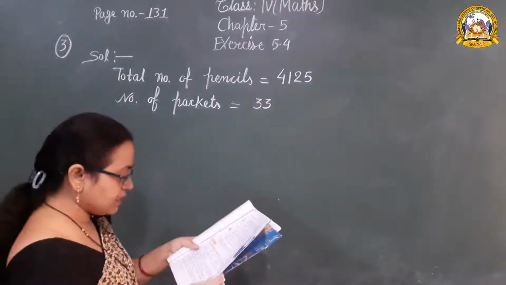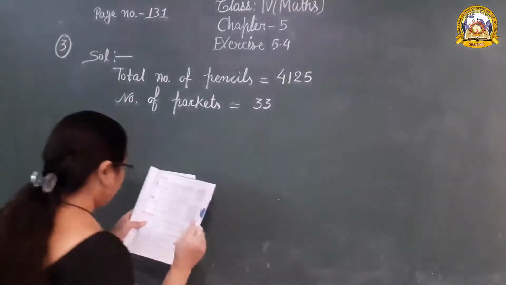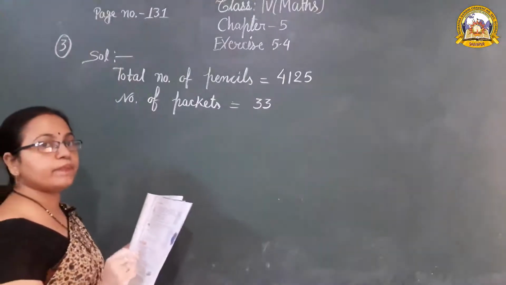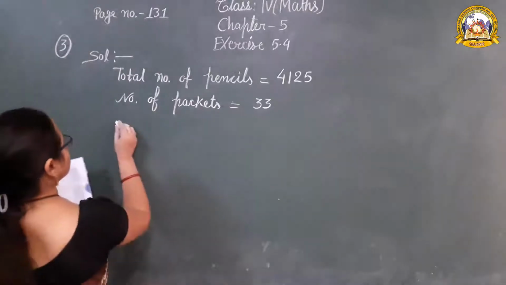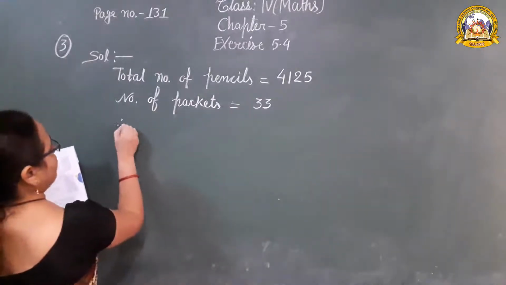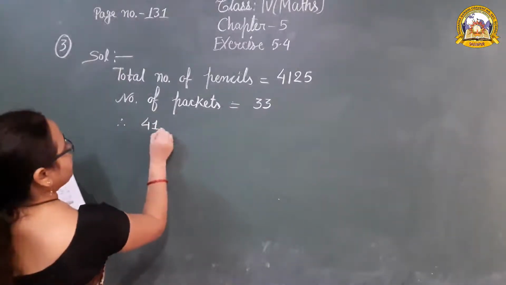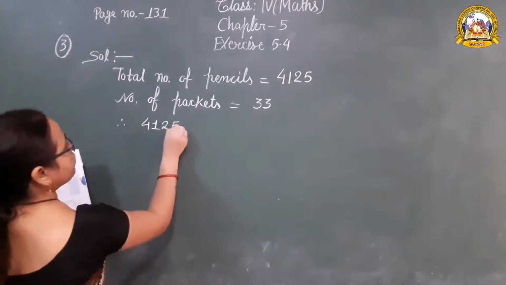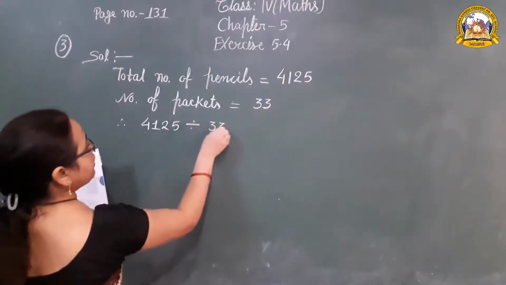So how many pencils will be in each packet? Therefore, first we divide 4125 divided by 33.